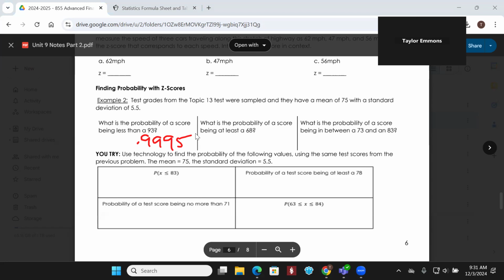So what is the probability of being at least a 68? Again, you're going to find the z-score. So 68 minus 75 divided by 5.5. It is going to be negative.